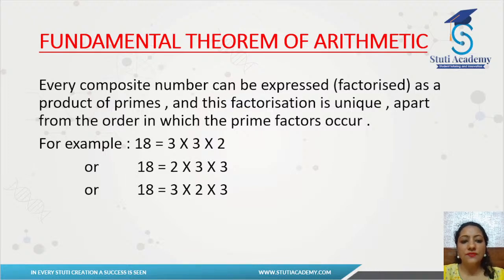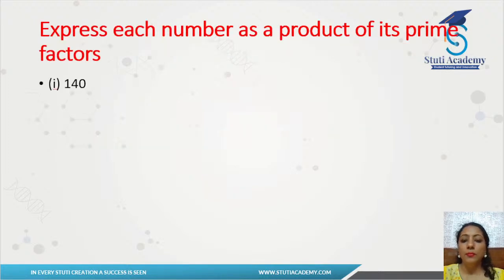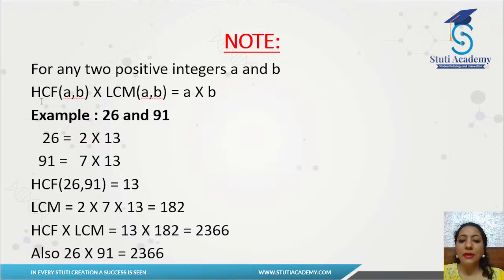Based on this theorem, we had discussed a few questions of NCERT where we were expressing some numbers as a product of prime factors. Also, we have started an important concept: if we take the HCF of two numbers and the LCM of those two numbers and multiply them, the result would be the same as the product of the numbers. This also we discussed yesterday, and we had done one question based on the same.